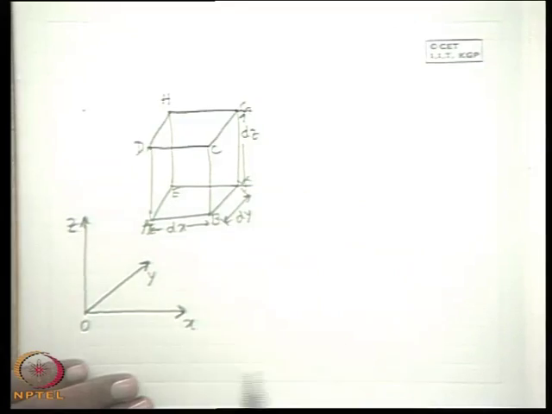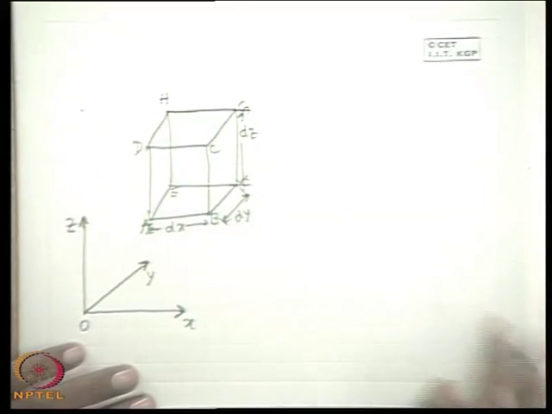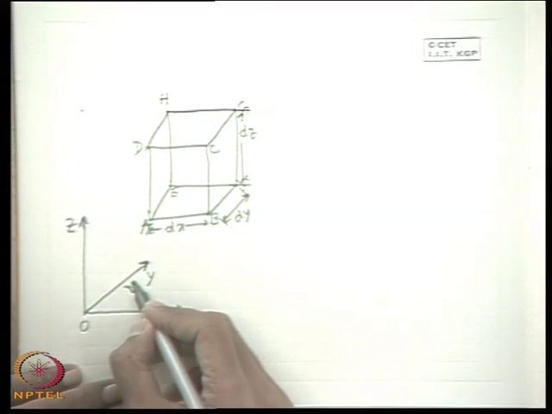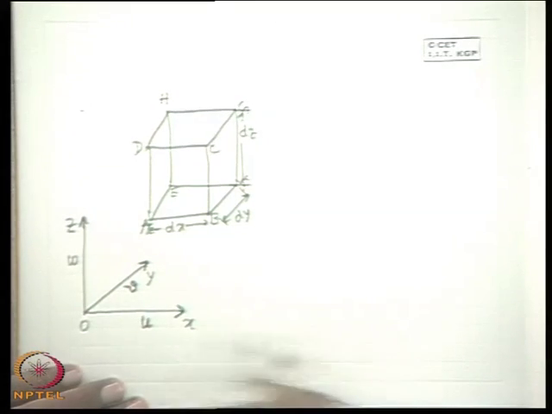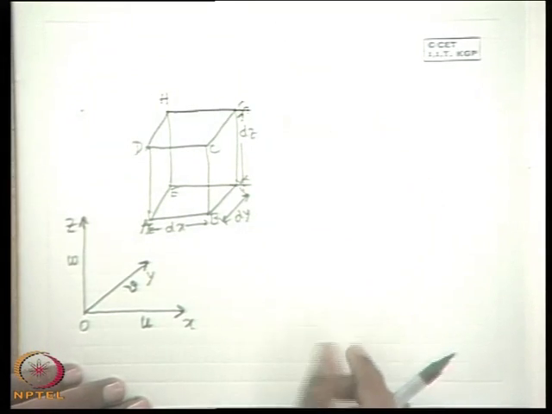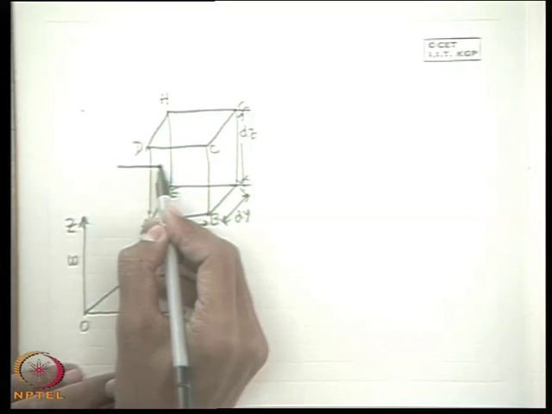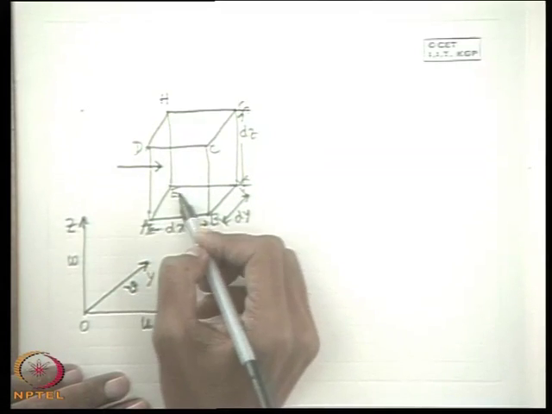Well, now we should find out how the mass flux is coming in. Let us consider the u component of velocity in the positive x direction, the v component of velocity in the positive y direction, and the w component of velocity in the positive z direction existing in the field. With this positive x direction velocity, there is a mass flux coming across this plane AEHD.